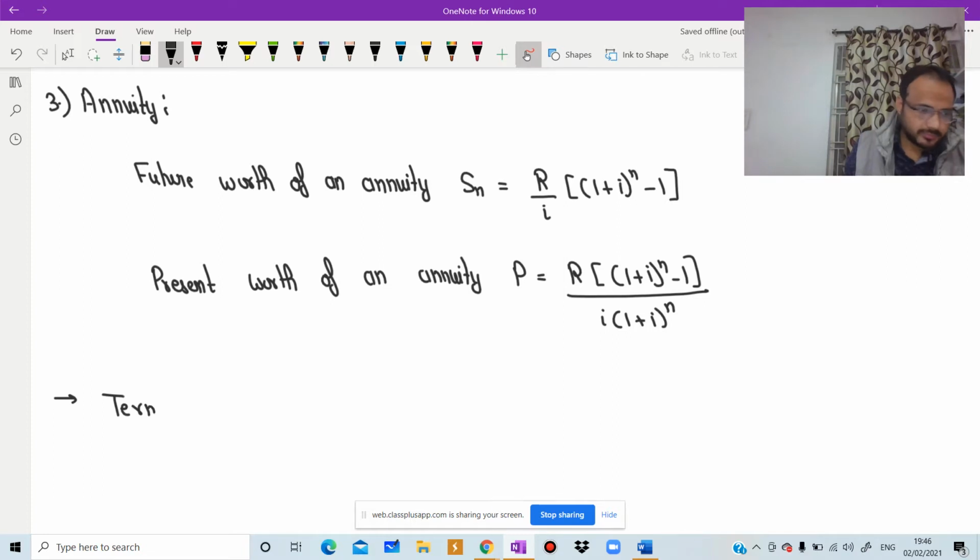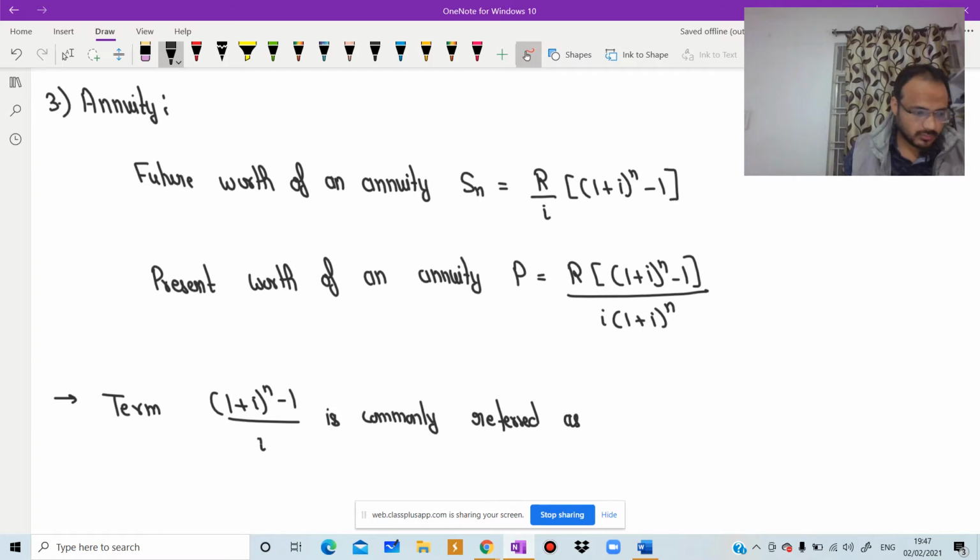We know that the term ((1 plus I) to the power n minus 1) divided by I is commonly referred to as series compound amount factor.